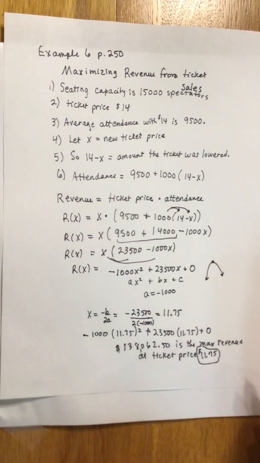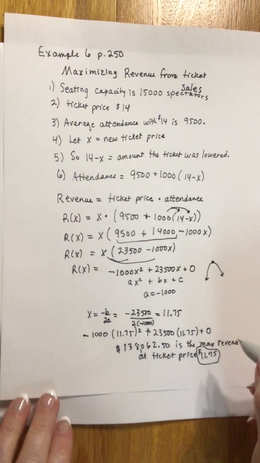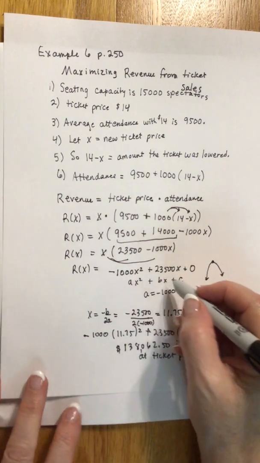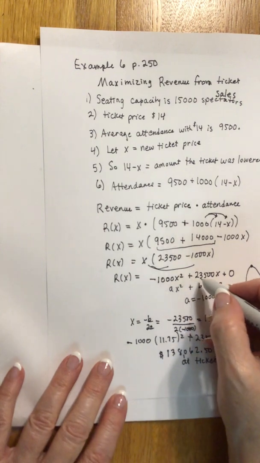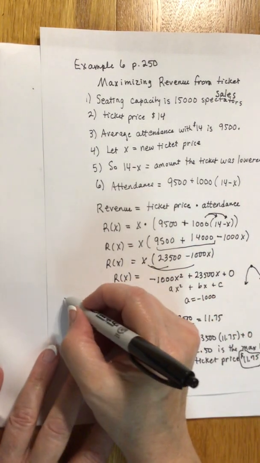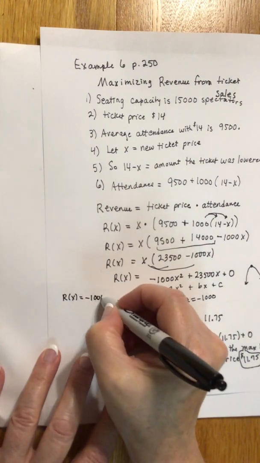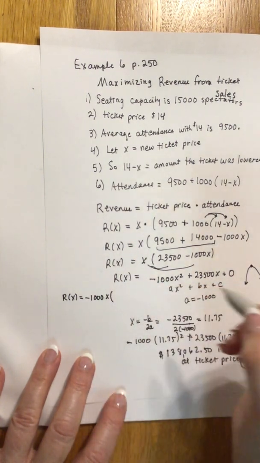Now, we have one last question it asks us for. It says, at what point will the revenue be 0? Because nobody will come at all. Okay? So revenue is going to be 0 if I were to go back up to this point right here. So let's see if we can squeeze it in there. I'm going to take out of these two things a negative 1,000x, because that's in both of them.